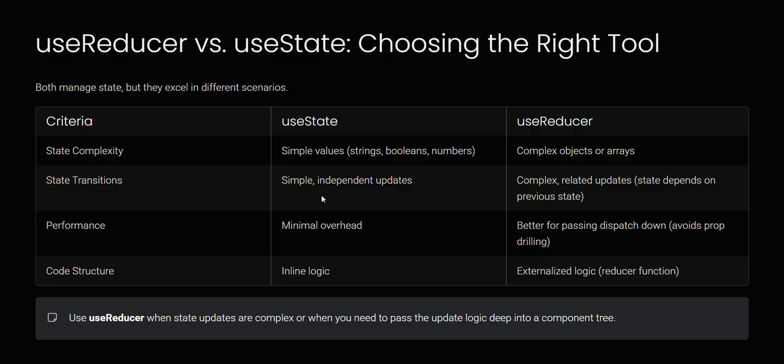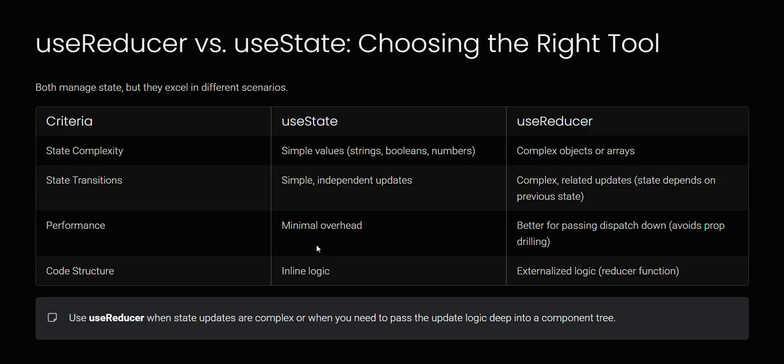So coming to the code structure, useState forces inline logic within your component. When coming to useReducer, it externalizes the logic into a separate, cleaner reducer function. So coming to performance and prop drilling, this is a key advantage when using useContext to pass state updates down.